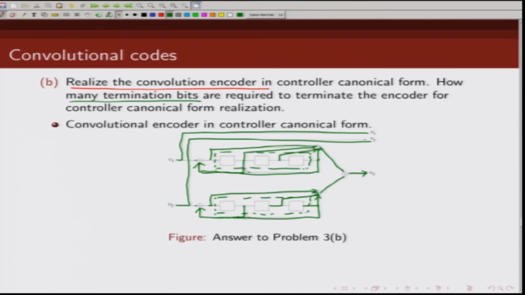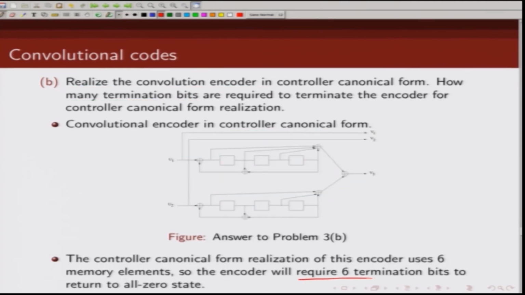So, in the controller canonical form realization, to bring the first shift register to all 0 state, we would require 3 bits, because we have 3 memory elements here, 1, 2 and 3. Similarly, for this shift register we require additional 3 bits. So, 4, 5, 6. So, in total we require 6 termination bits, 3 to terminate this encoder and 3 to terminate this encoder.